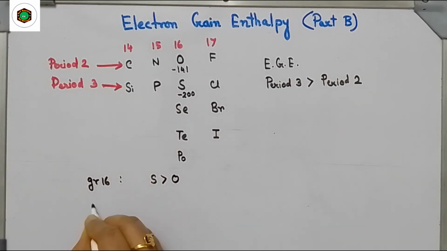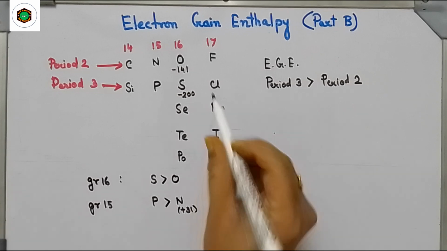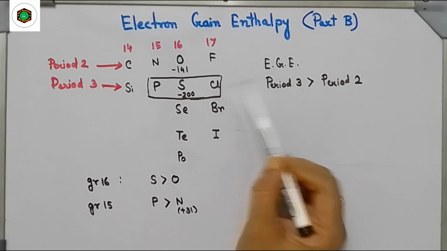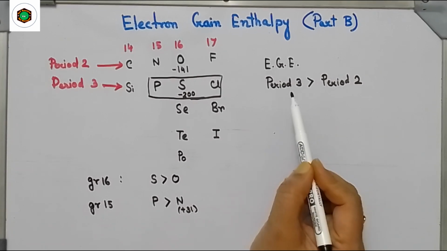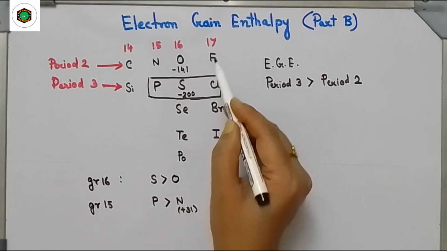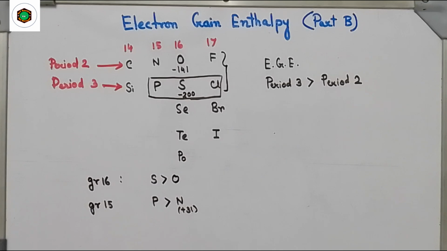In group 15, phosphorus has negative electron gain enthalpy, and nitrogen, we have seen, is plus 31, having positive electron gain enthalpy. So what we have seen is that period 3 elements have higher negative electron gain enthalpy than period 2 elements. The reason is the same as we discussed for F and Cl, fluorine and chlorine.